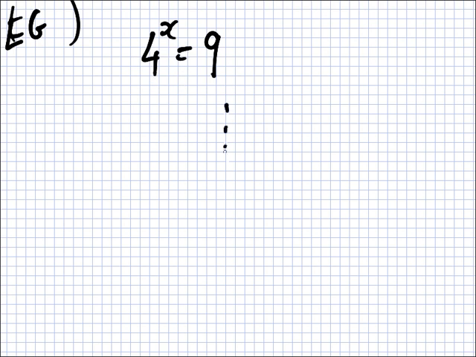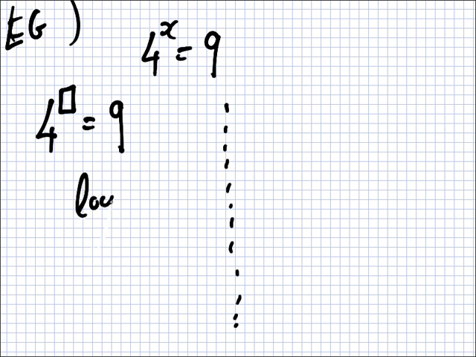I want to show you both ways. The first way, if your calculator has this button, which it should, is you look at this and realize, I know what this is. This is a log problem. You're saying 4 to what power gives me 9? And the answer is log 4 of 9. Because that's what log means.